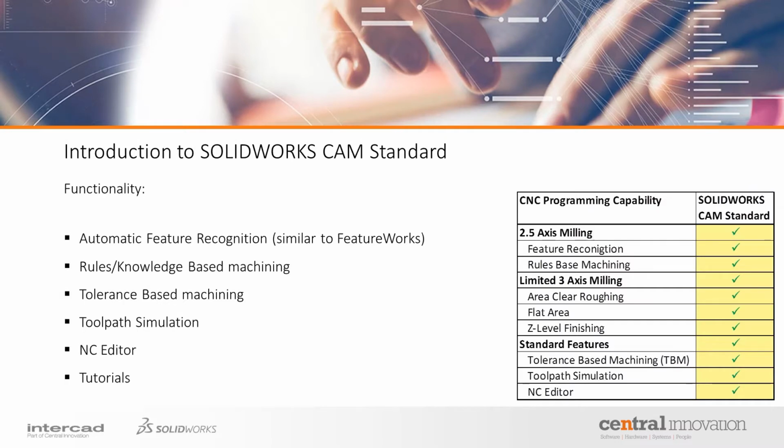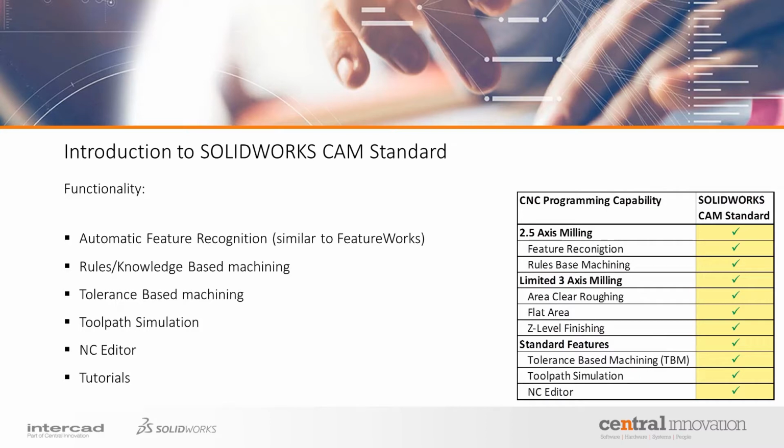Okay, moving on to the functionality. Just wait till that comes up. Looks like everyone's got that. SOLIDWORKS CAM Standard uses automatic feature recognition, which is similar to FeatureWorks, to identify the features which require machining.